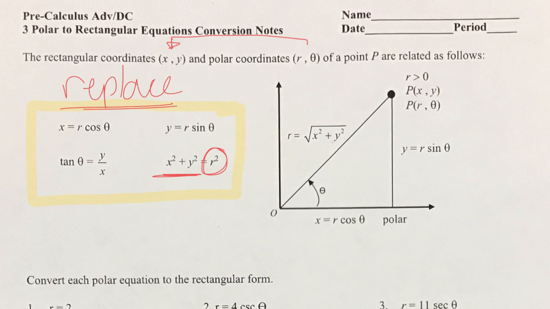If you see r sine θ, you can replace r sine θ with y. And if you ever see r cosine θ, you can replace it with x. So our job here is to replace your r's and your thetas with something in x's and y's.